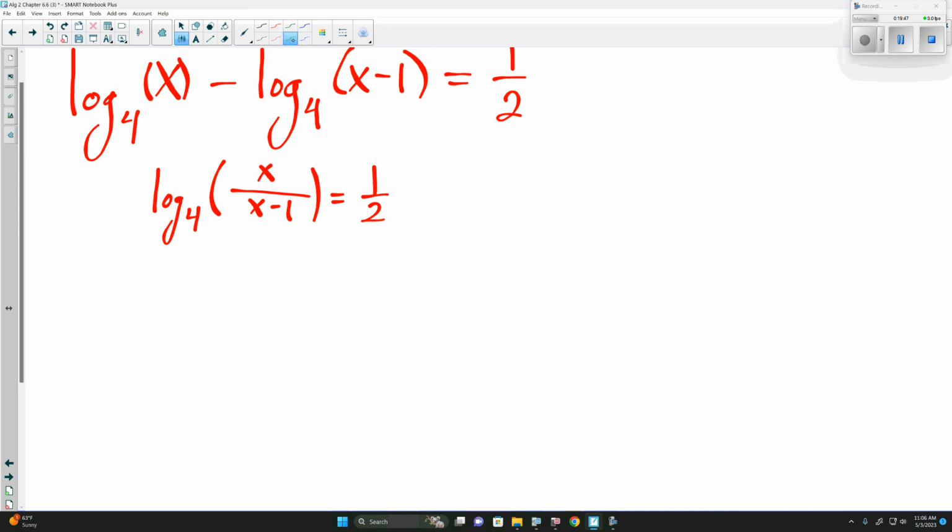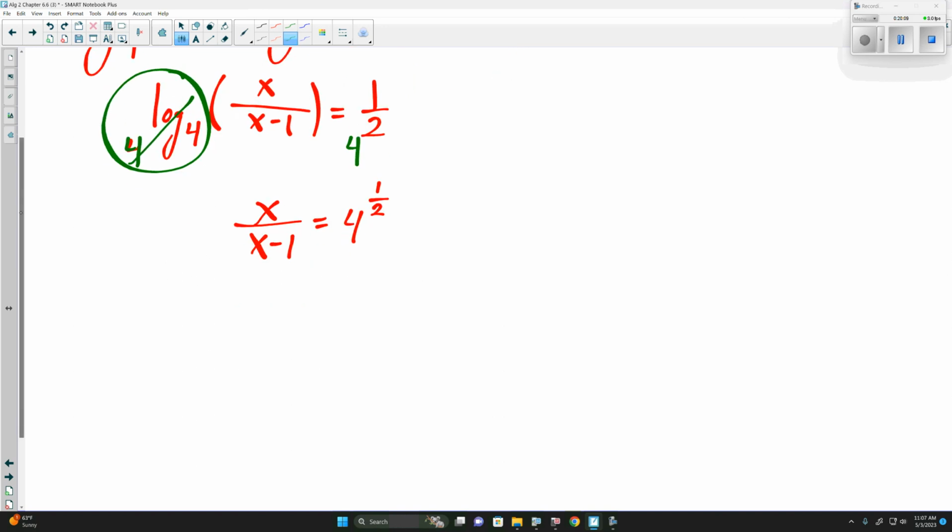Now, again, since the base for this one was given to us as 4, we're going to put both sides to the base of 4, because our 4, for the log base 4, will cancel out, leaving us with x over x minus 1 is equal to 4 to the 1/2. And yes, now 4 to the 1/2 will simplify nicely, giving us 2.